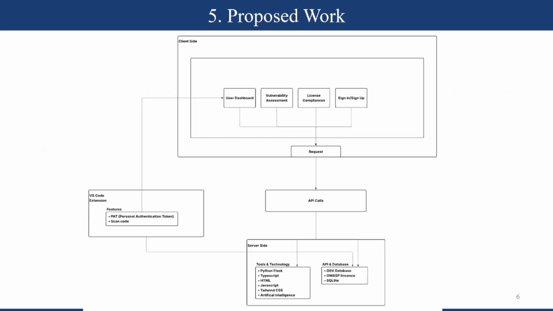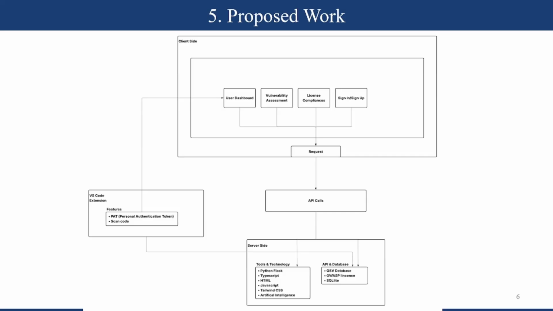So about our architecture, as you can see, there are the user dashboard, then vulnerability assessment and license compliance modules. Then the request is made through API calls. API calls are made to the backend, Flask, that is basically from Python.